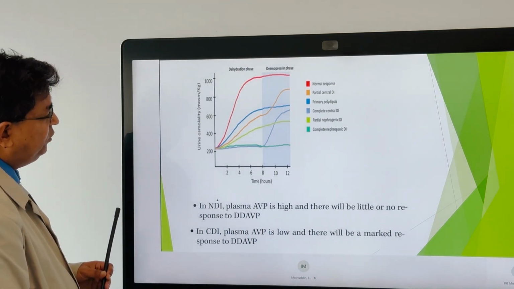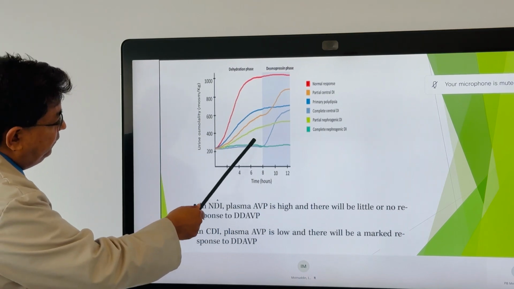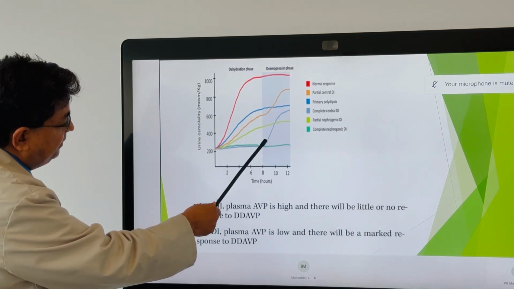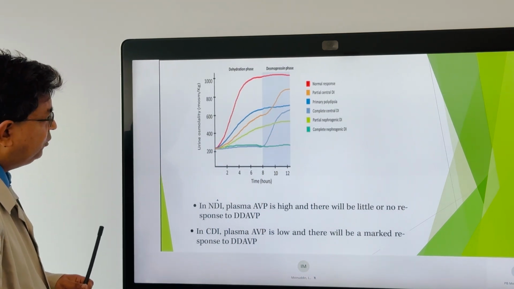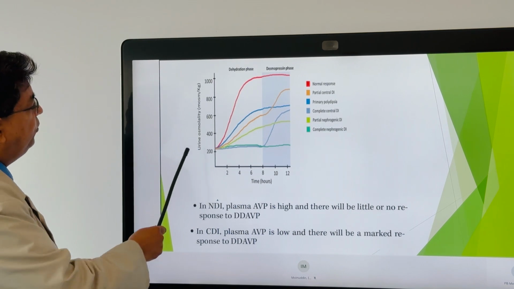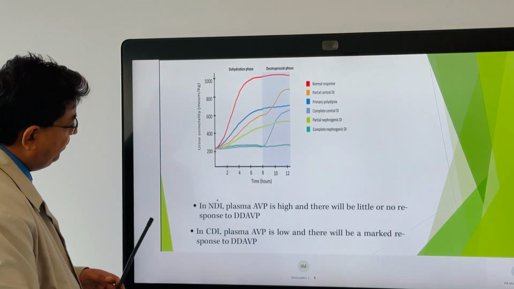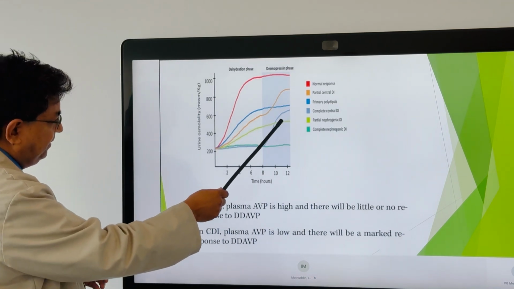In complete nephrogenic diabetes insipidus, the urine osmolality does not improve during the dehydration phase and does not improve with desmopressin. In partial nephrogenic diabetes insipidus, the urine osmolality improves during the dehydration phase and does not improve with desmopressin.